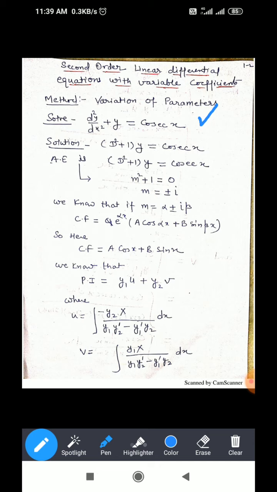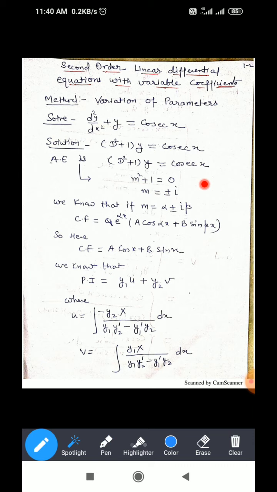We know that the auxiliary equation of such an equation is f(m) equal to 0. So here the auxiliary equation is m square plus 1 equal to 0.